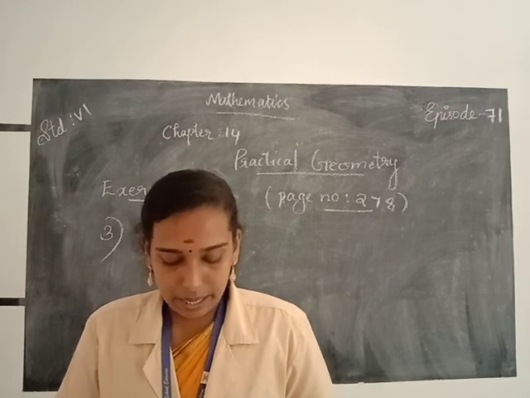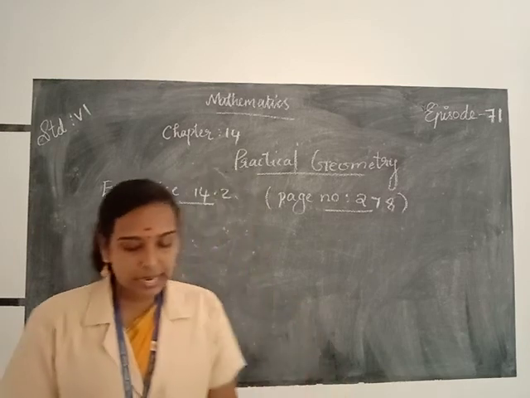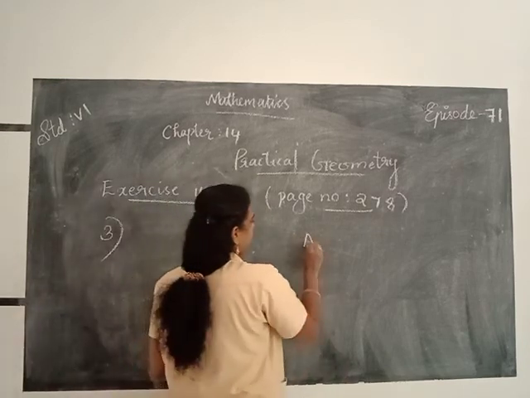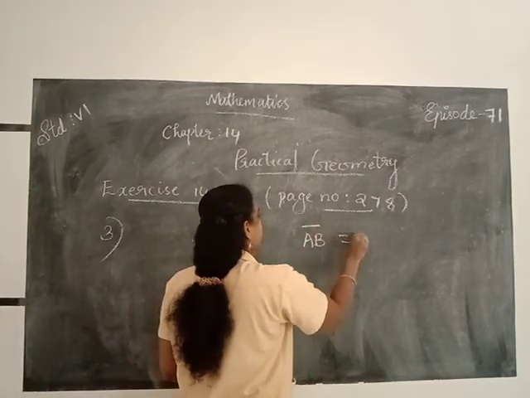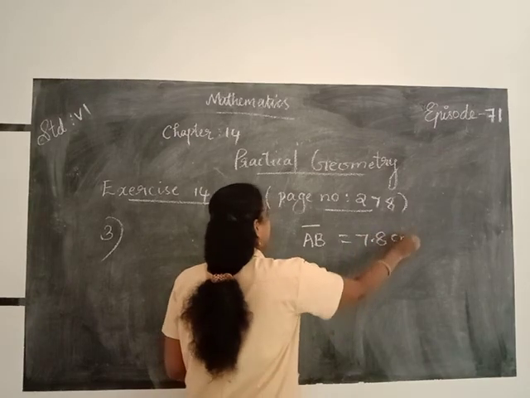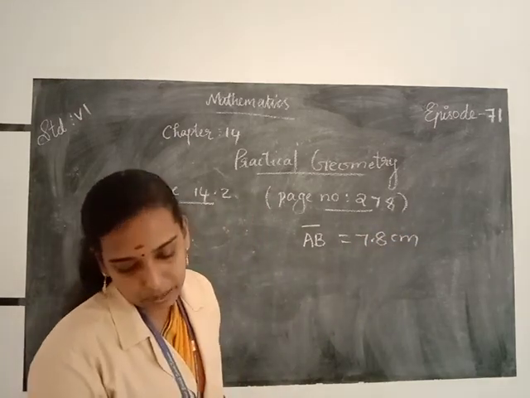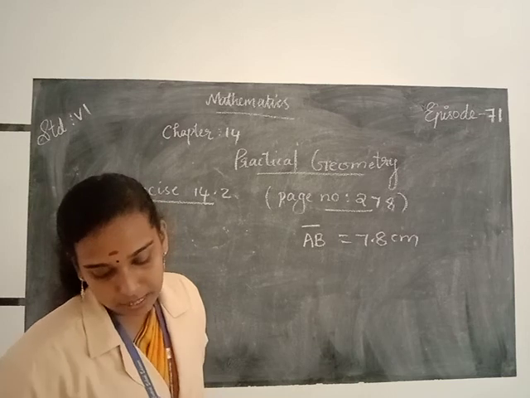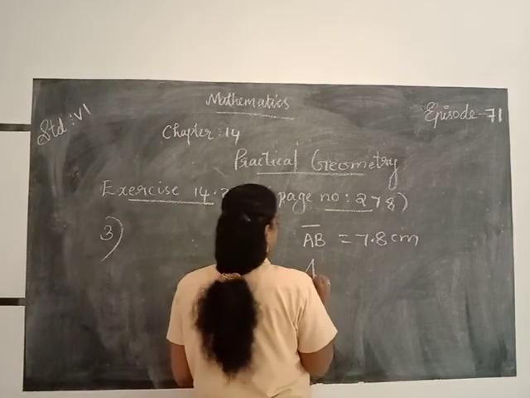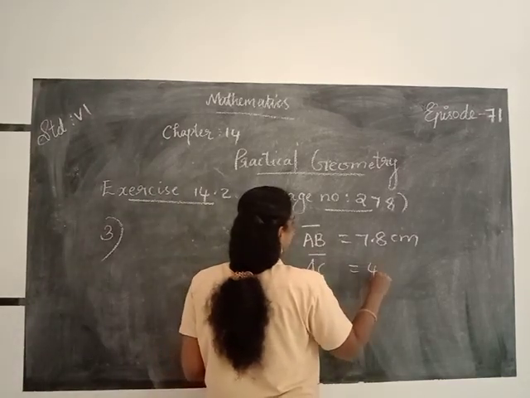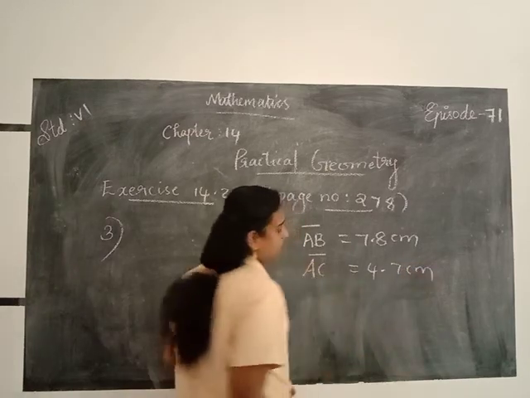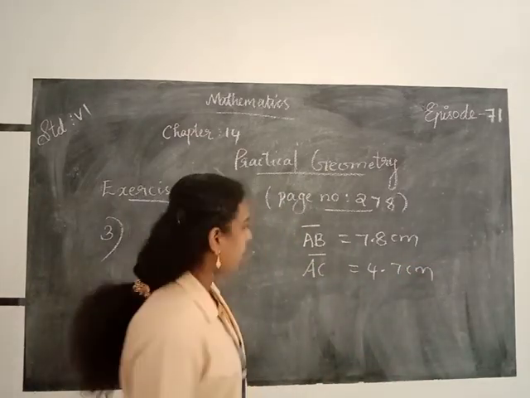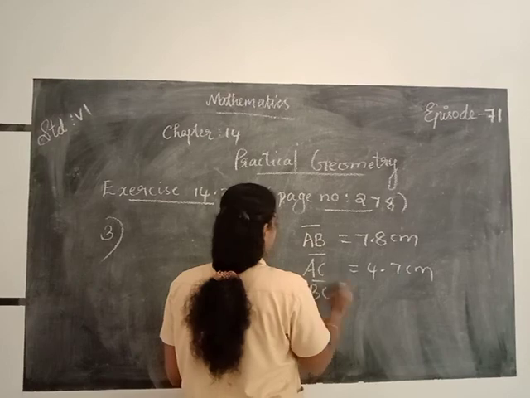Measure line segment BC. So here line segment AB is equal to 7.8 cm. And from the line segment AB we want to cut off line segment AC, that is equal to 4.7 cm. Then we want to measure the length of line segment BC from this.